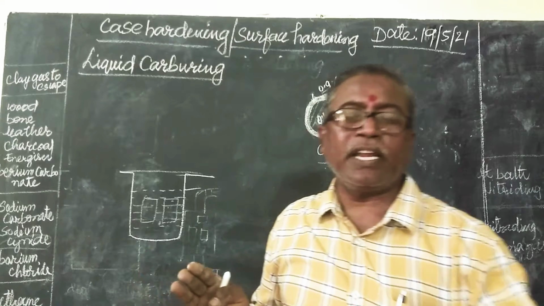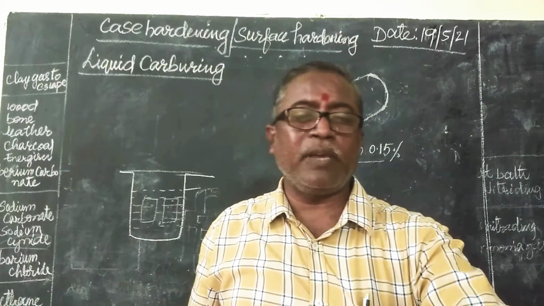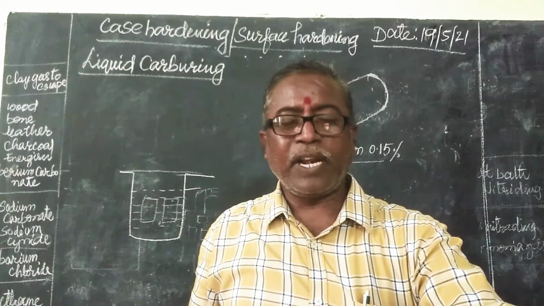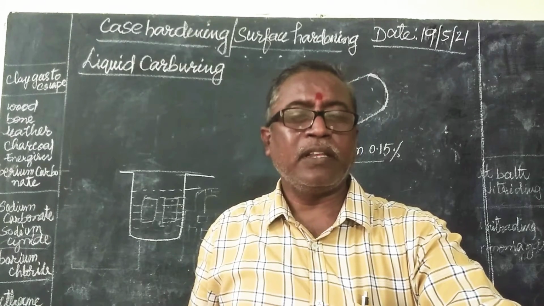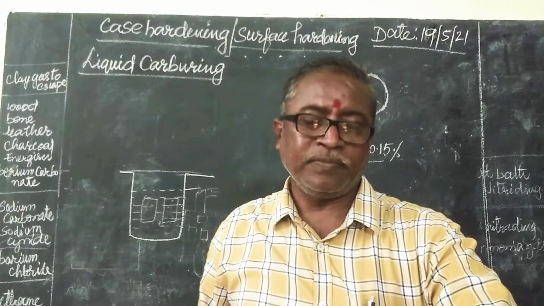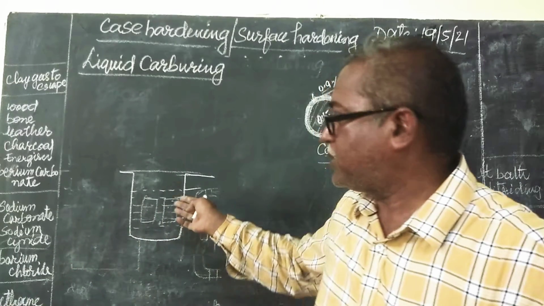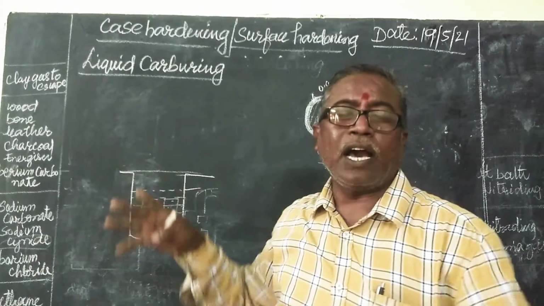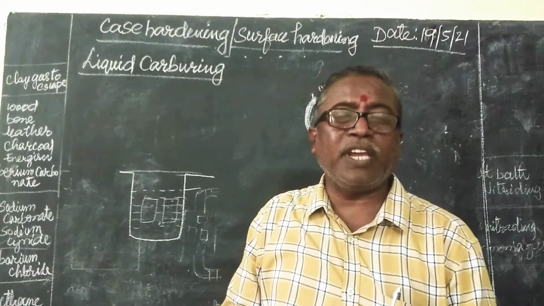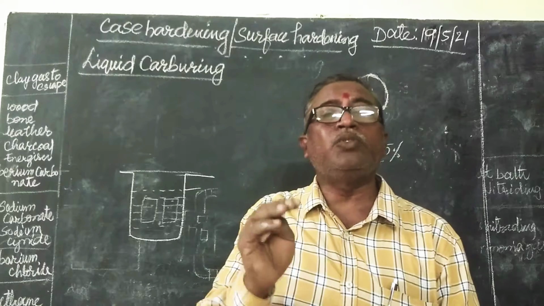Where will case hardening be done? For example, crankshafts, our jobs, rollers. So this is used for producing carbon on the outer surface of the job.